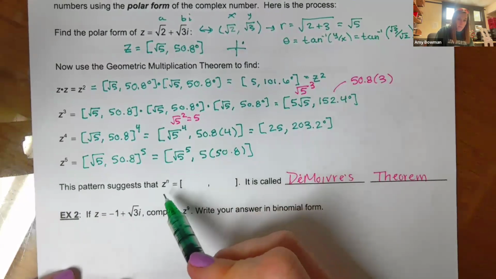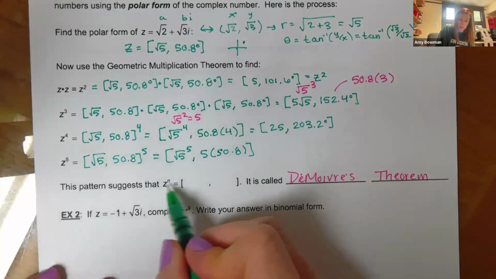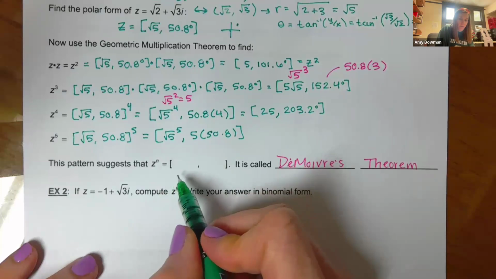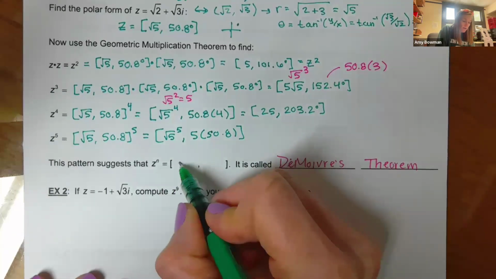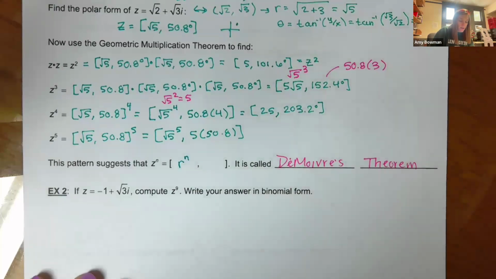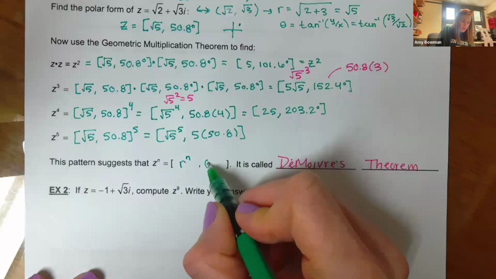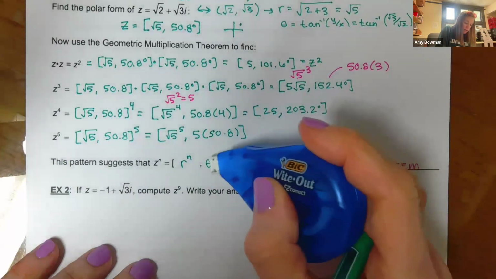So if we have some power z to the n, or some power of a complex number z, all we have to do to find the nth power is take your r value, raise it to the nth, and then whatever theta is, you just multiply theta by n.